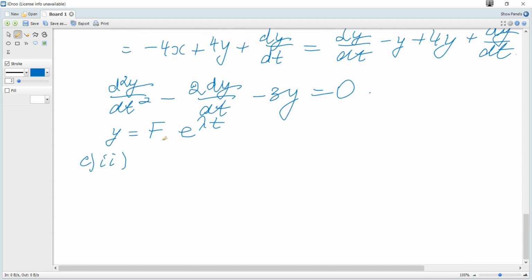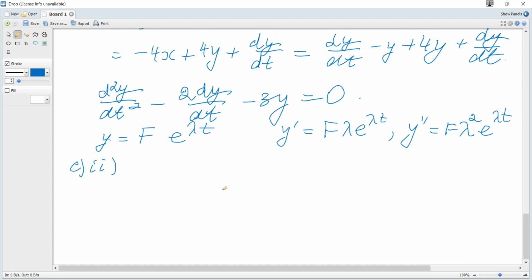So let's just substitute this expression for y. Let's find firstly the first derivative becomes f lambda e to the power lambda t, and the second derivative becomes f lambda squared e to the power lambda t, and substituting we get the second derivative.